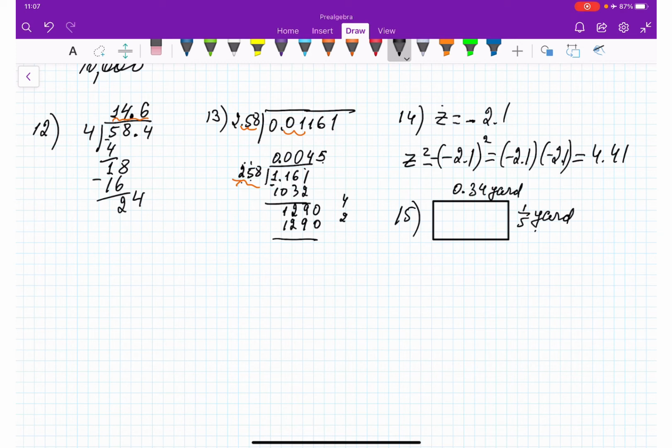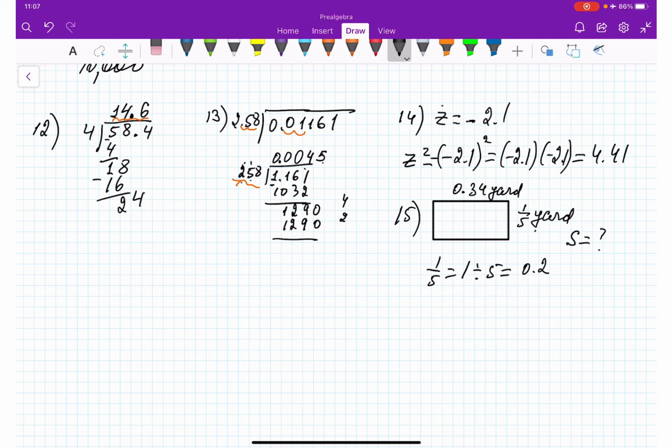What is interesting here is that one measurement is in a simple fraction and the other is in decimal notation. We need to find the area, and the area is asked to be in decimal notation. Therefore, 1 over 5 is 1 divided by 5, and it's going to be 0.2.